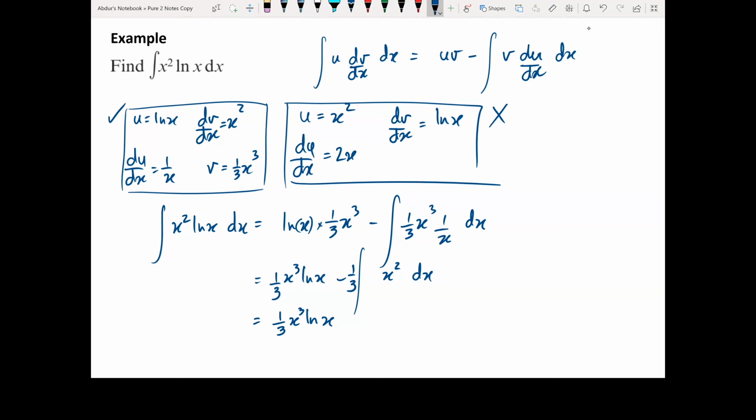But we've already got a 1/3 outside, so it would become minus 1 over 9. I'll just show you the steps anyway, just so you're clear. It becomes x cubed over 3 plus c, which then simplifies to 1/3 x cubed ln x minus 1/9 x cubed plus c. That should have been a 9, not a 3.